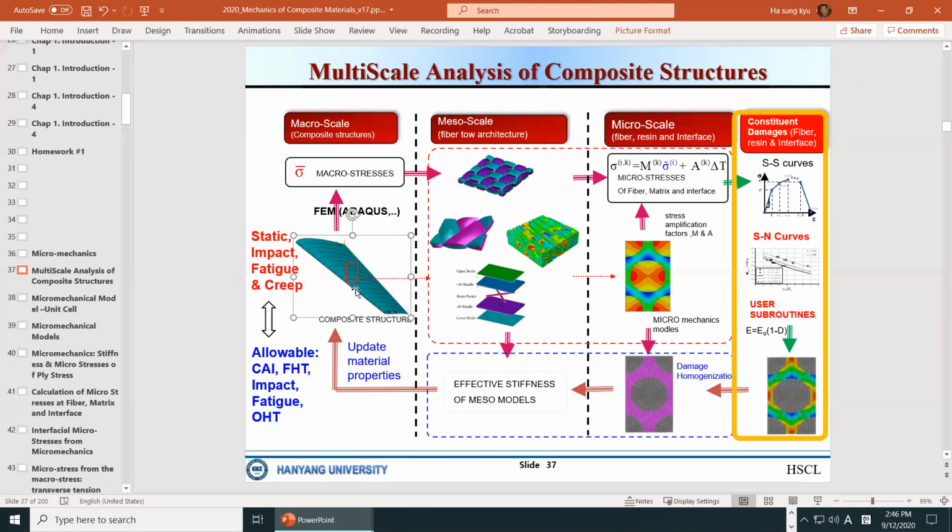Let's say this is the macro level, macro scale. This is a structural level where we define the geometry, we define the material property, and under certain load, we'd like to calculate the strain and stresses.